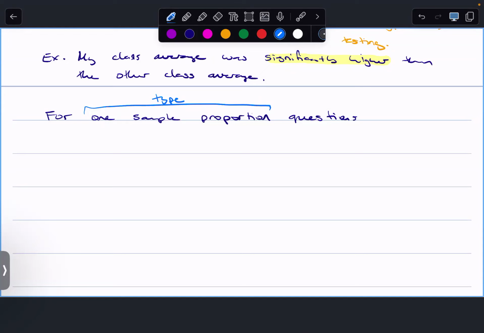In fact, I want to compare it to some stated proportion.